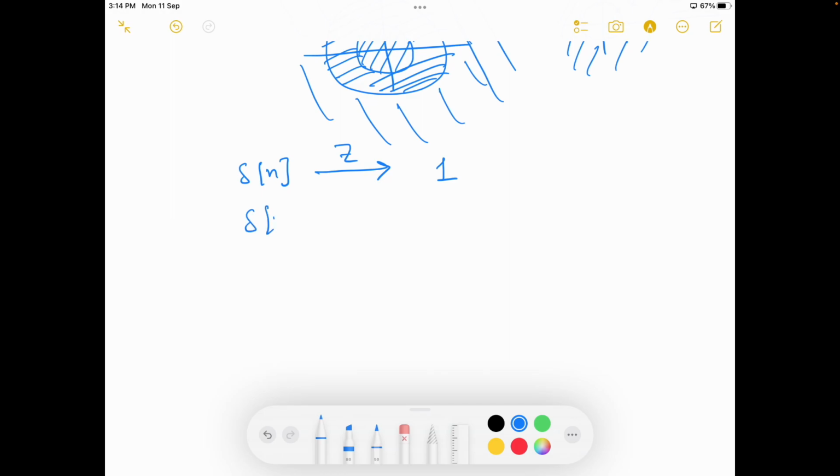For delta[n minus m]? Very good. That's it. This observation that a delta function corresponds to simply a single term of z, of some degree, is a very useful observation, and we will explore it in the next class.